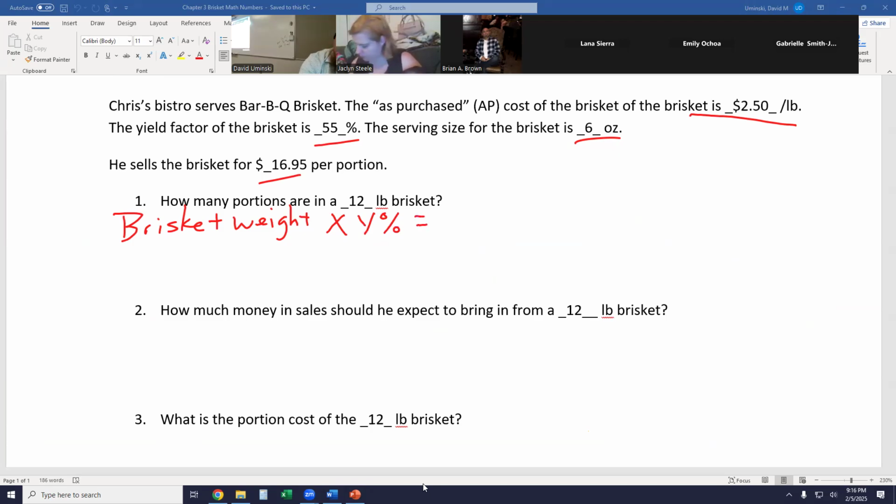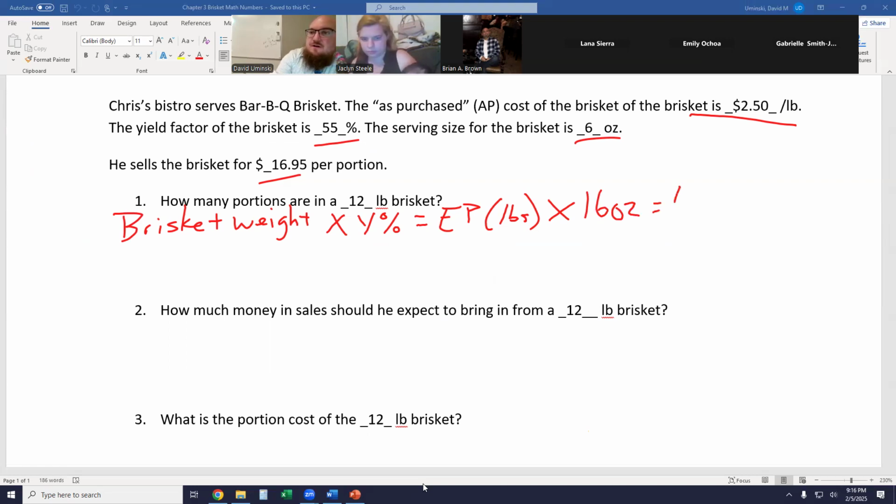That will give you your edible portion in pounds. How do we convert from pounds to ounces? We're going to multiply by 16 ounces. That's going to give you your edible portion in ounces.